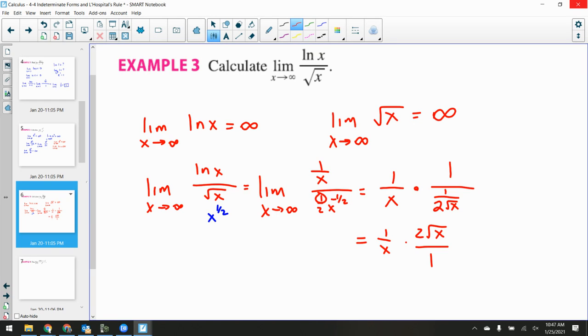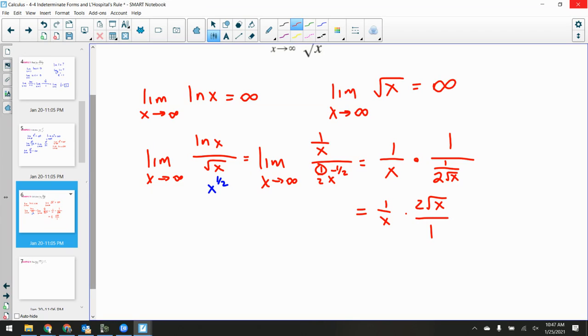But I thought it was one separate problem. It should just be 1 over 2 square root of x. Because that's 1/2 times x to the negative 1.